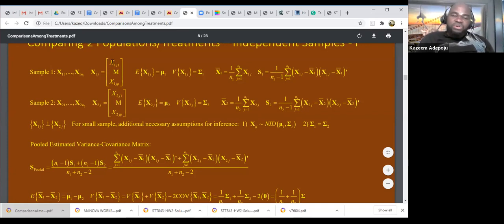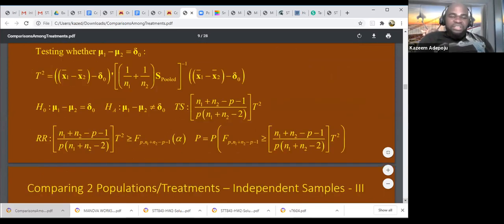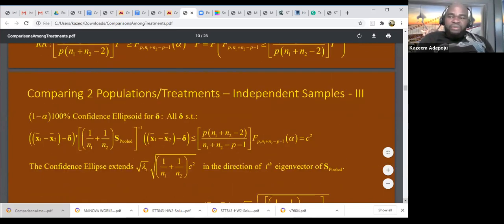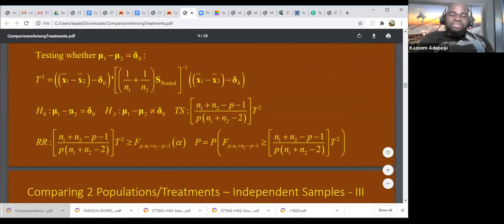Is the temperature of somebody who tested positive for COVID-19 in the United States the same as that of somebody who tested positive in Canada? So we are trying to compare the mean vector, and that's exactly what we're trying to test right here. I'm going to show you now. So right here, we're trying to say there is no difference between the mean vectors.